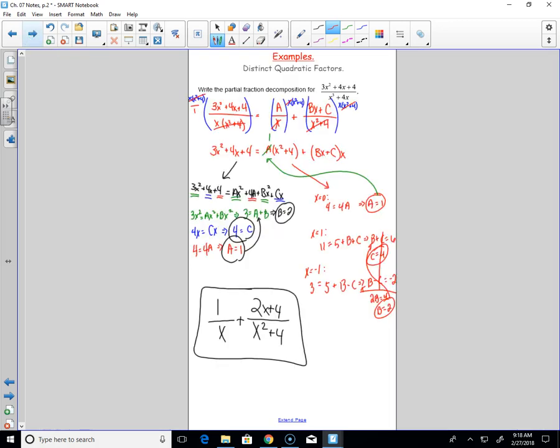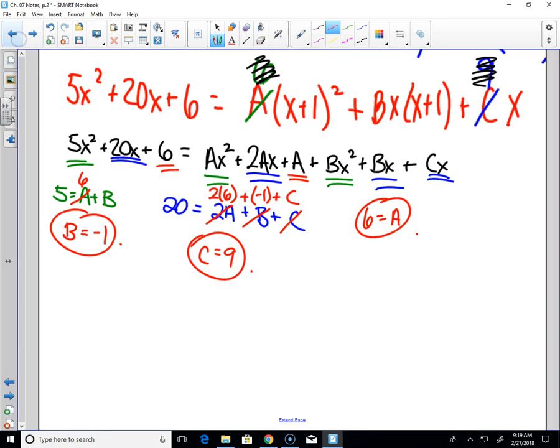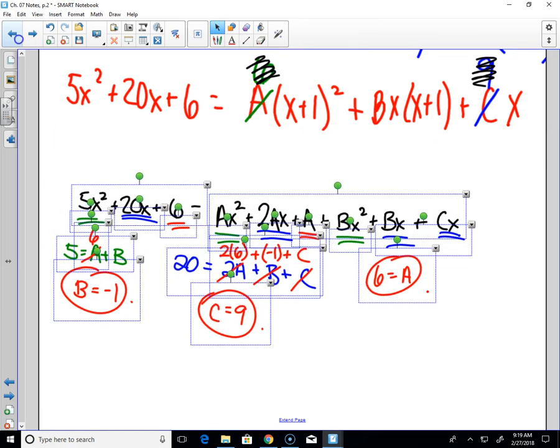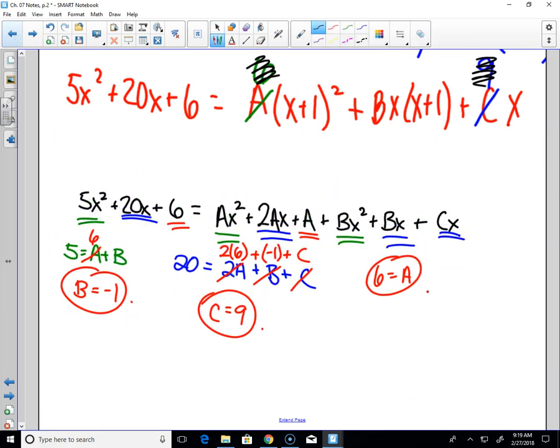Can you show the work for the FOIL that you did? Oh, yeah. The work for the FOIL that I did, A times x plus 1 squared, because for most of you, it'd probably be a really bad idea to mental math that. You would need to do A times, just in case the shortcut that you learned back in Algebra 1 doesn't work, shortcut being square the first, square the last, double the outer inner.